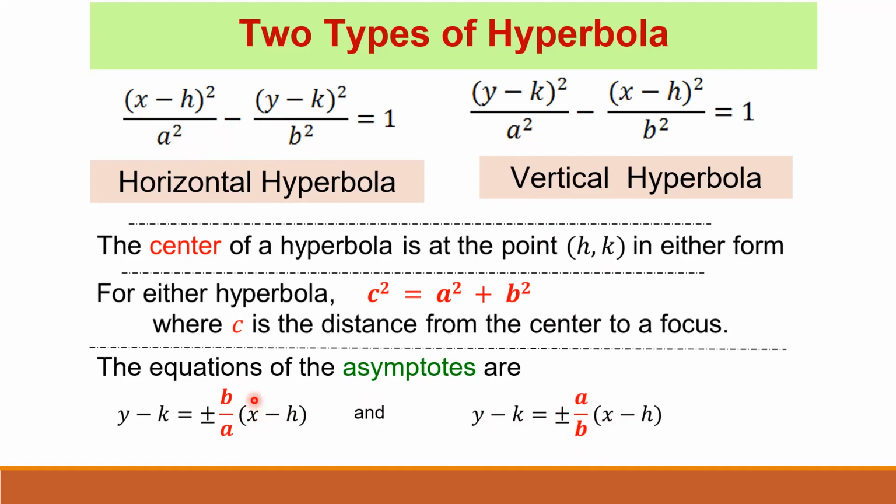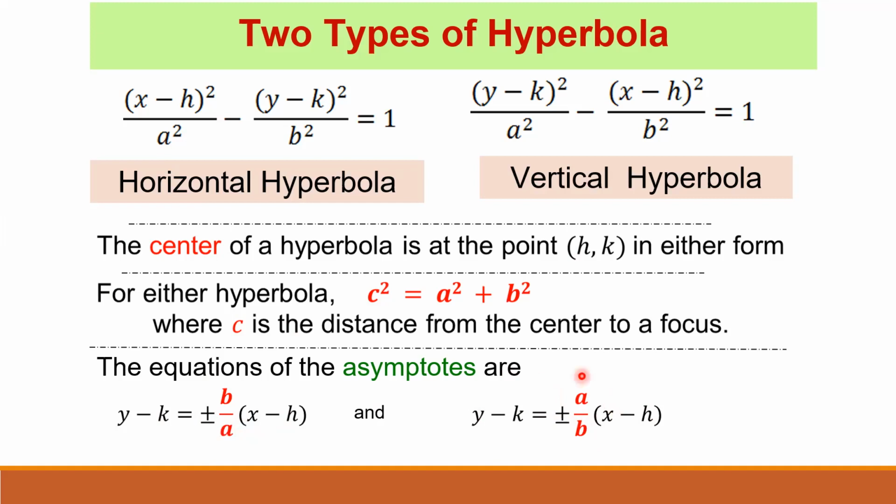So ayun po, that will be positive negative kasi 'di ba isang rising line tsaka isang falling line. Okay, so yung dalawang slopes have the same inclination except that yung direction nila ay magkaiba, kaya positive and negative. This is for the horizontal hyperbola. This is for the vertical hyperbola.